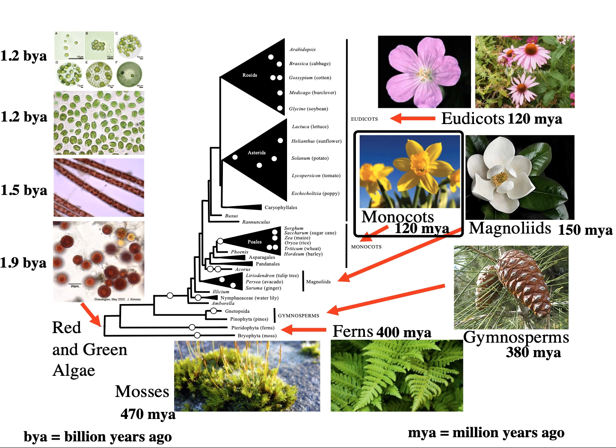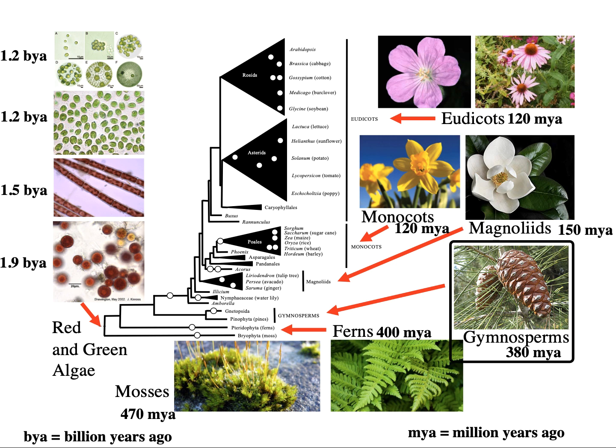Then you have monocots, also about 120 million years ago, and that includes grasses and lilies, and here's daffodils. And then magnolias and those types of organisms about 150 million years ago. Those are actually primitive angiosperms.